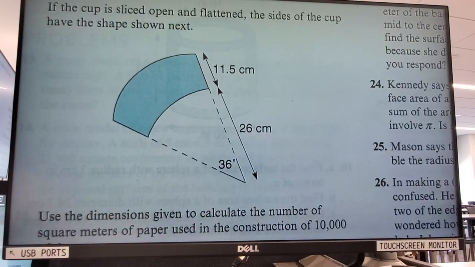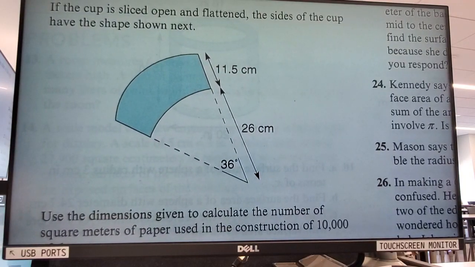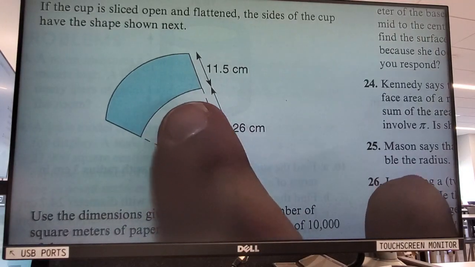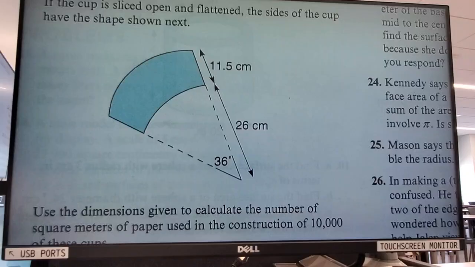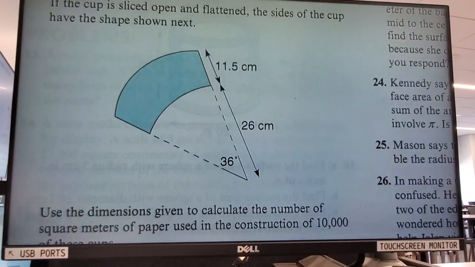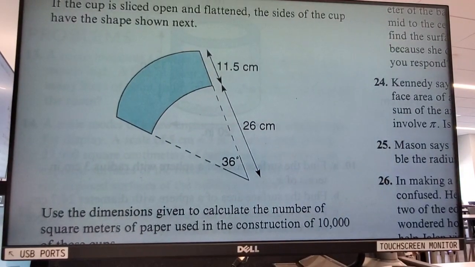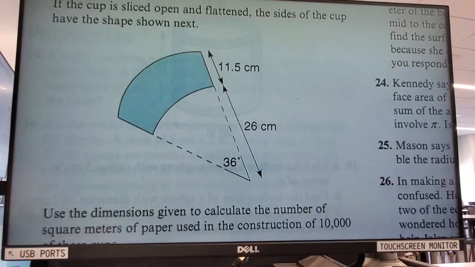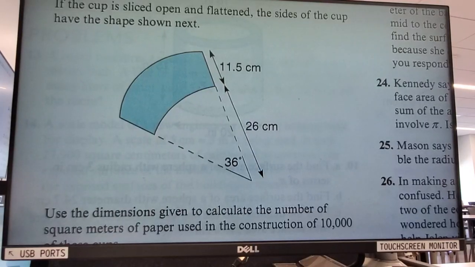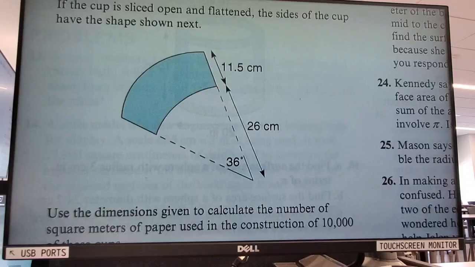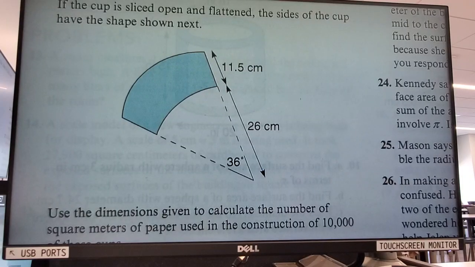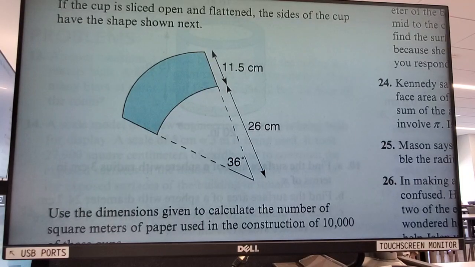Yes? Okay. So how could I get the area of this? What's kind of wrong with that shape? It's got a curvy part to it. Yeah. Okay, that's all you have to say.